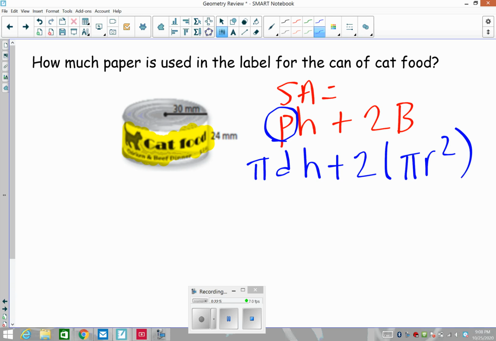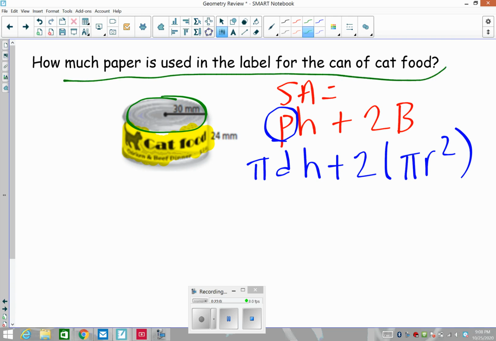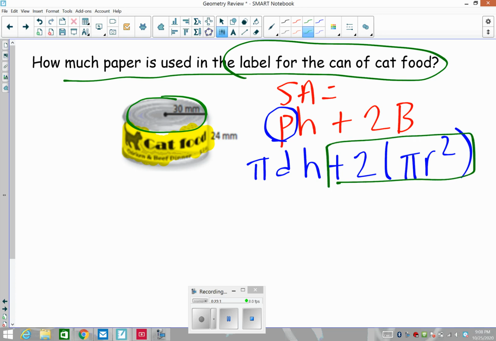But we are not going to put any paper on the top circle or the bottom circle. How much paper is used for the label of the can? Just the cat food label. So we are not going to need to put any paper on the top circle and the bottom circle, those pi r squareds. So this is going to turn out to be a nice little problem.